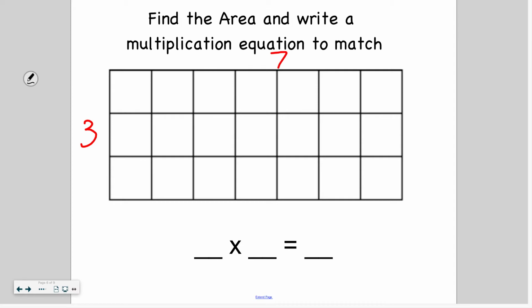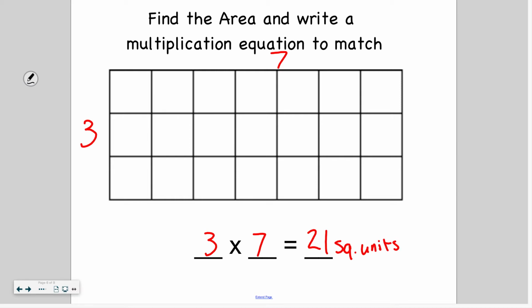So I can think of this as the equation 3 times 7 because there are 3 rows of 7 units. And 3 times 7 equals 21. So the area of this rectangle is 21 square units.